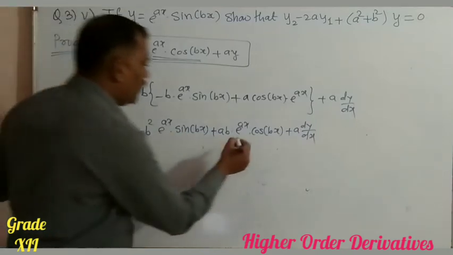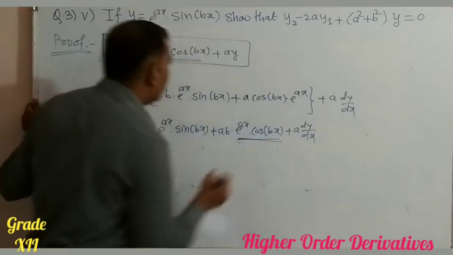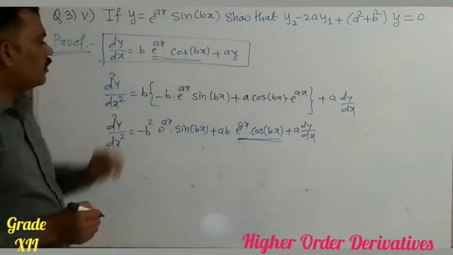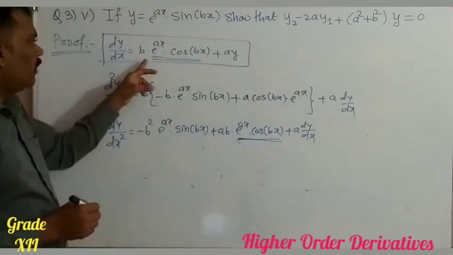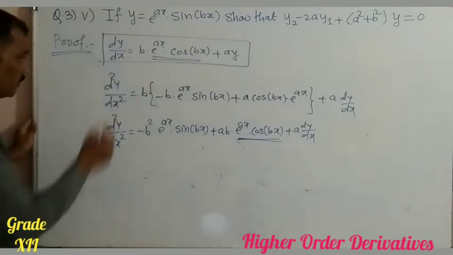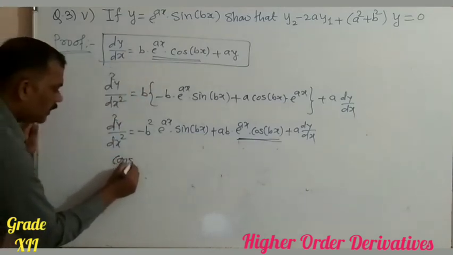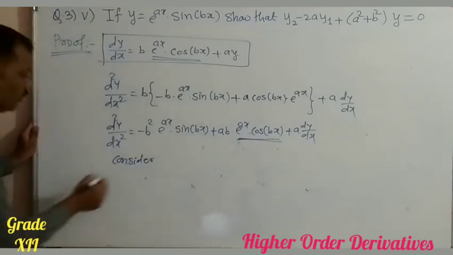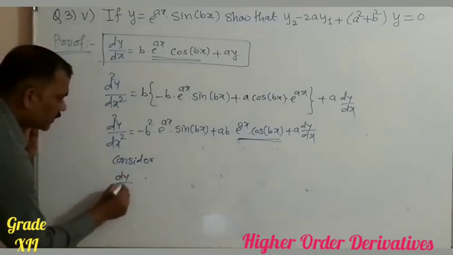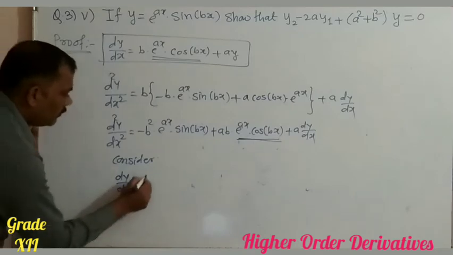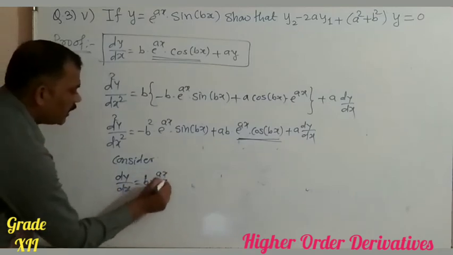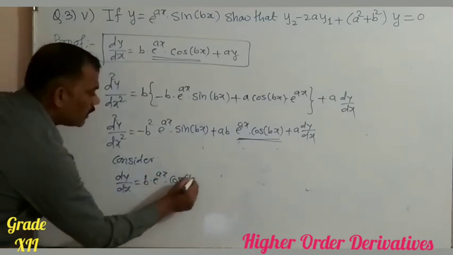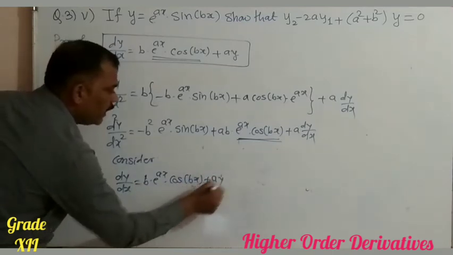Okay, we cannot require this value, e raised to x into cos of bx, so we have to find it from this. We have to consider dy by dx is equal to b into e raised to x into cos of bx plus ay.